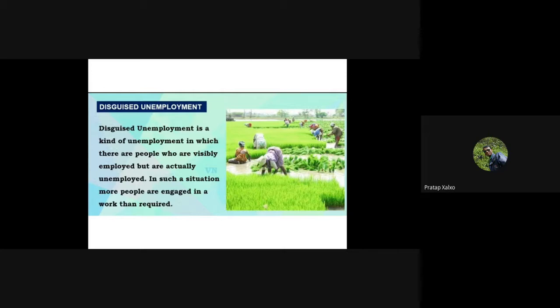And 45% of the people are in villages and into agriculture because they don't have any other jobs. Even if this 45% comes out and gets into some other work, all work will comfortably go on in the country and the production will not decrease. So, this will be referred to as disguised unemployment, because in a developed country like the US, only 2% of the population is into agriculture.